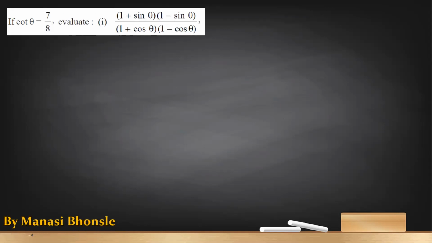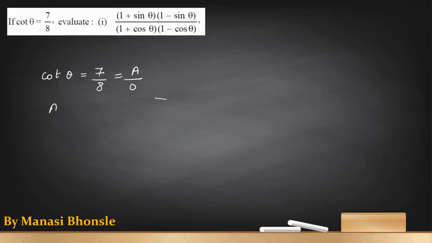They are telling you if cot theta is equal to 7 by 8, we have to calculate the value of this. Now, when they say cot theta, and over here, if you observe sin, cos values are given. So you need to first of all find out the hypotenuse. So cot theta is 7 upon 8, and cot is adjacent upon opposite.